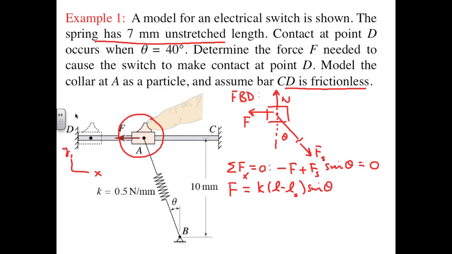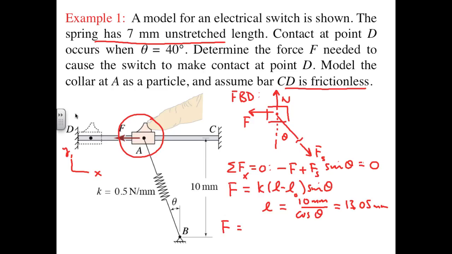And we can see from the figure that L is equal to 10 millimeters over cosine theta, and for theta equals 40 degrees, this ends up being 13.05 millimeters.